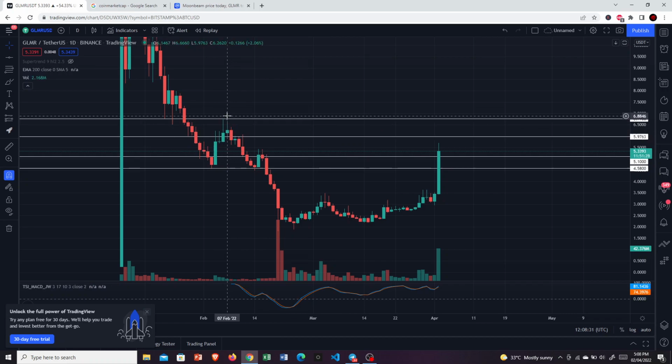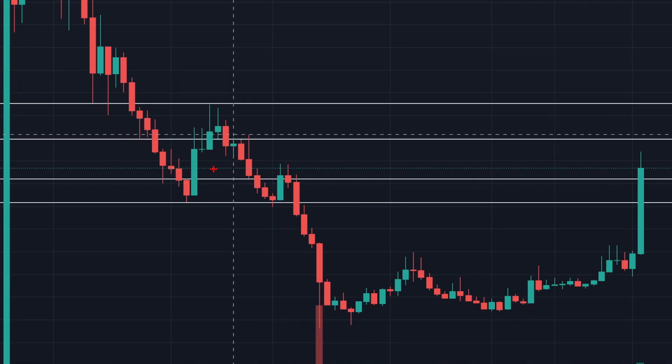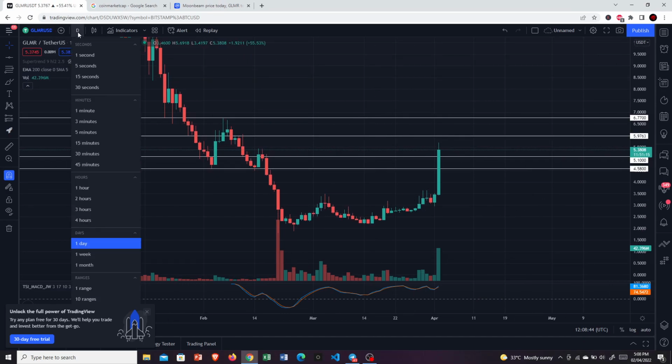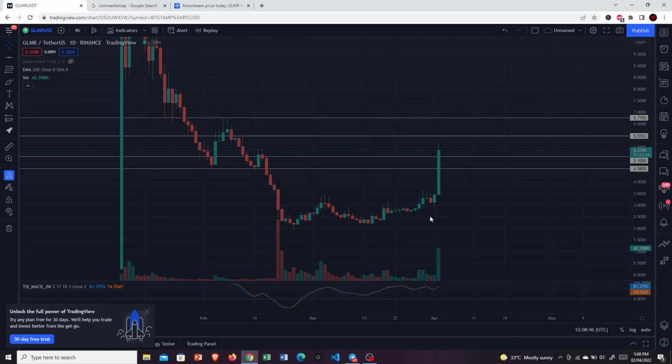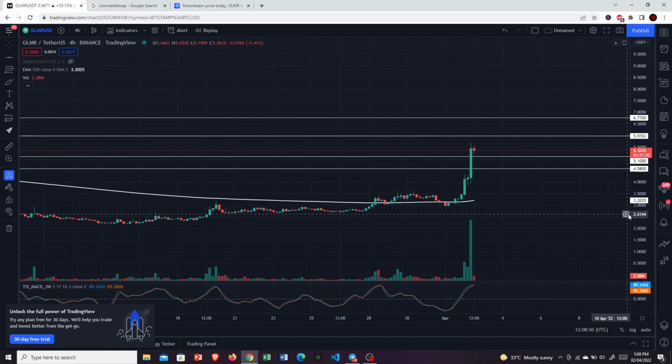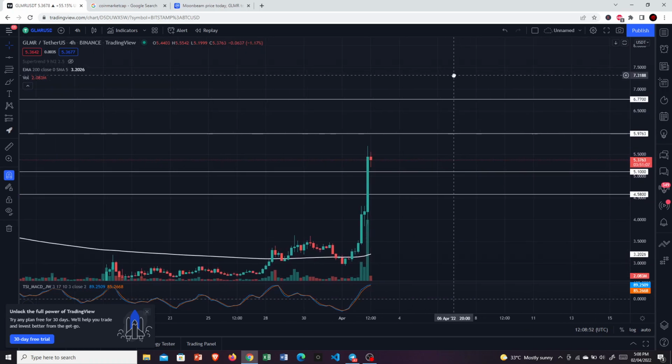This will be the swing high candle of this upward move. So now I will shift from the daily time frame to 4 hours and see what's going on in a shorter time frame. So these are the two resistances to the upside and two supports to the downside.